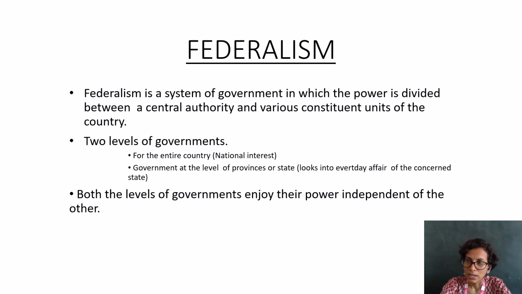It means that the state government is not bound to listen to the central government whatever it says. If it feels that the central government is not doing a particular task the way it should be doing, then they can oppose, and in that case the central government cannot dismiss the state government.